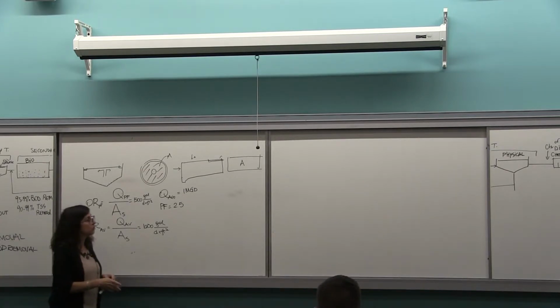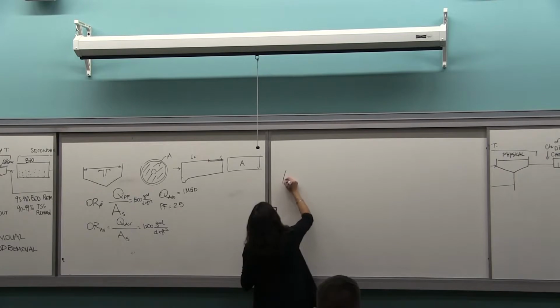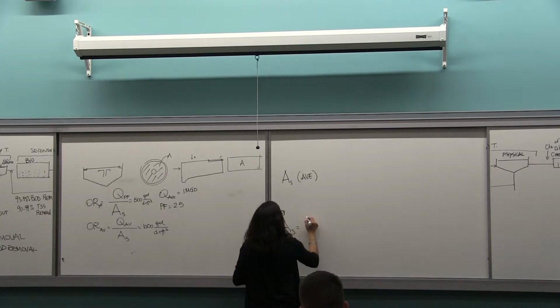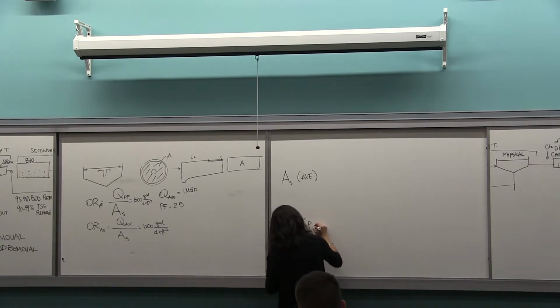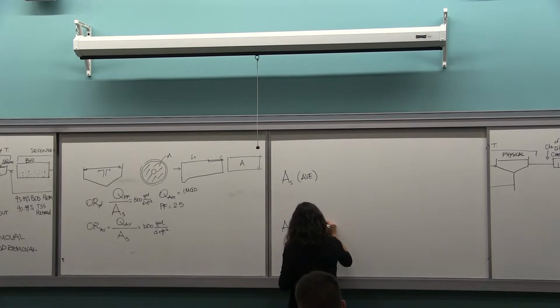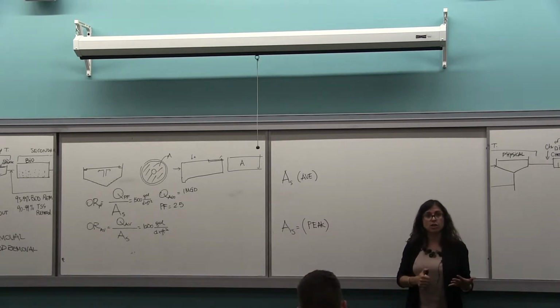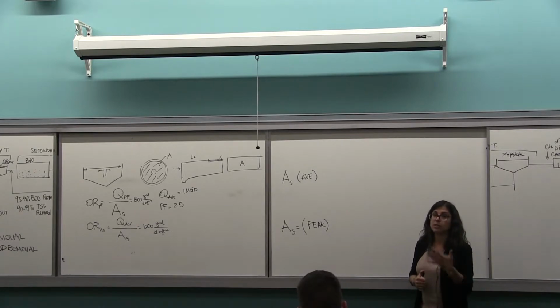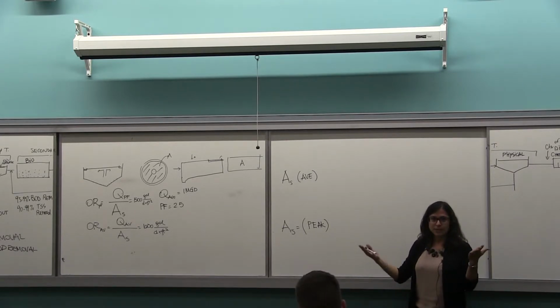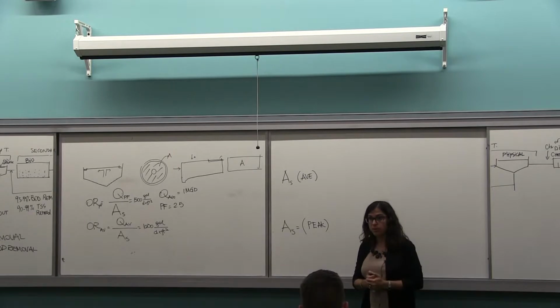So how do I do that? Well, my area under average and my area under peak condition. And let's see which one is larger. Of the two, I would have to pick the one that is larger, right? Because then it will give me an area that will satisfy both, all right?